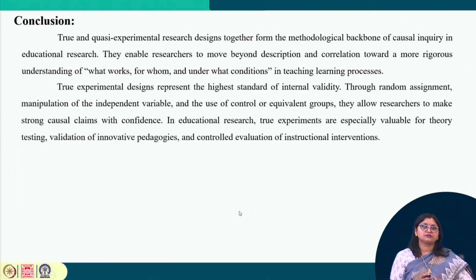So, the true experimental research design represents the highest standard of internal validity. Through random assignment, manipulation of the independent variable and the use of control or equivalent groups, they allow researchers to make strong causal claims with confidence.